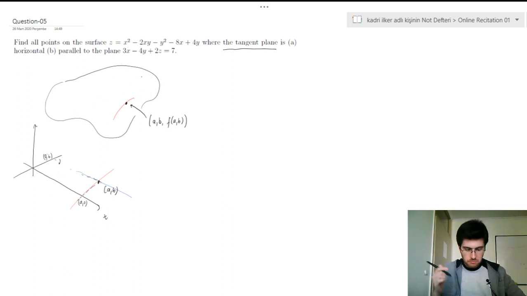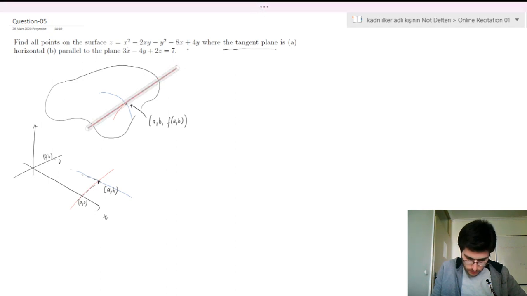Let's consider this picture. And this is the other curve, so everything is fine. And then, as we discussed before, we have this tangent line like this, and we have the other one.